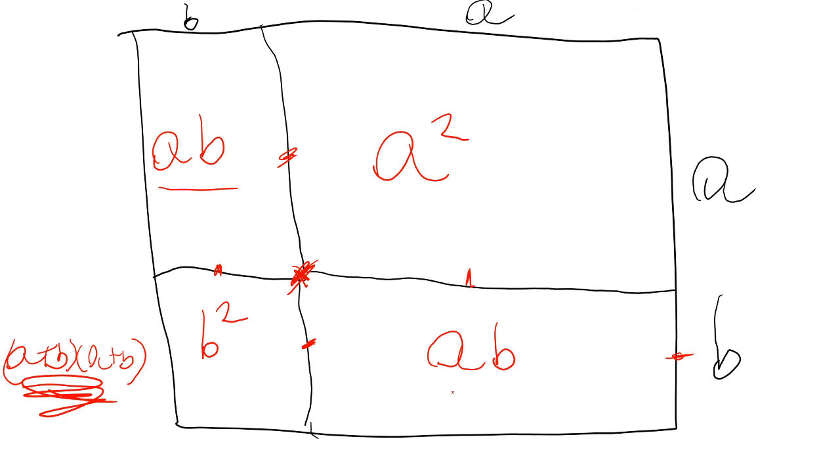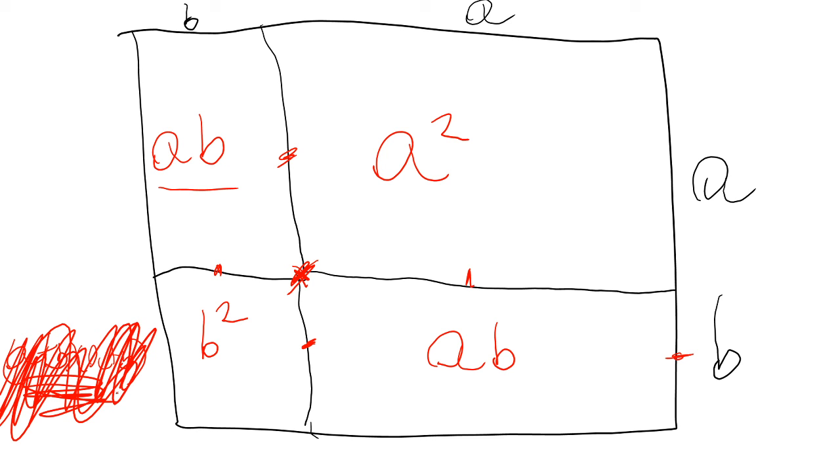Now we've proved it. How have we proved it? Well, if we take the area of each separate piece in the square, it adds up to the total area, which is (a plus b) squared. In reality, this is a square.